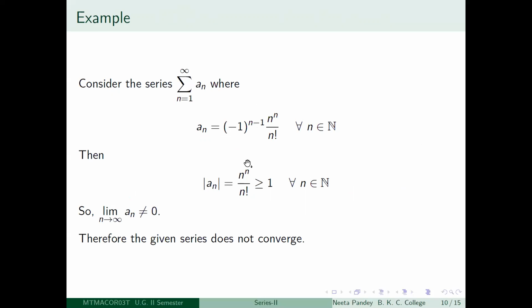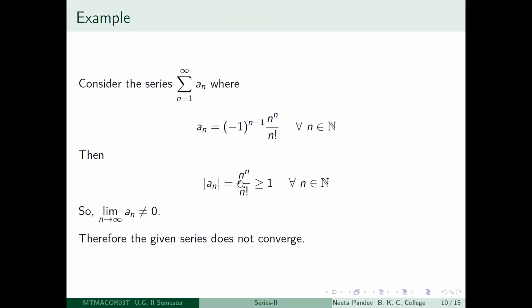So it is just n to the power n by n factorial. But n to the power n is always greater than or equal to n factorial, right? n to the power n means n into n into n, n times, and n factorial means 1 into 2 into 3, etc., till n. So if you replace every 2, 3, 4, etc. by the largest number n, naturally the product will increase.